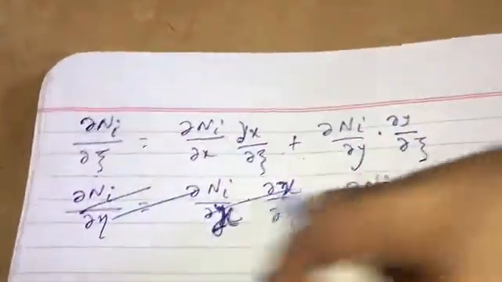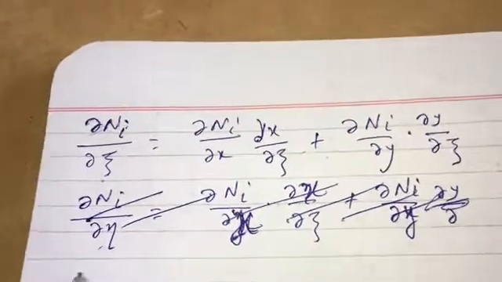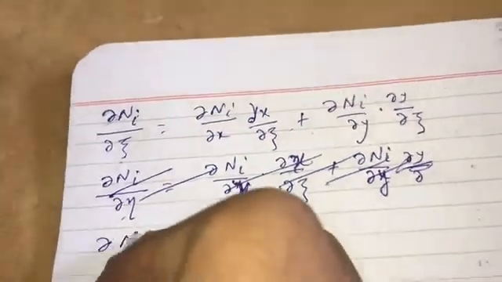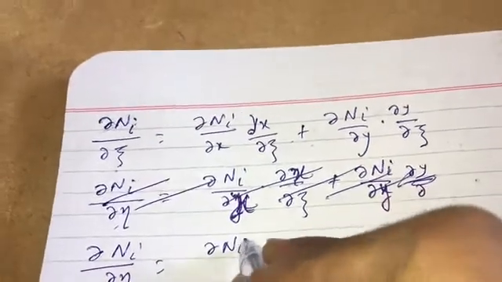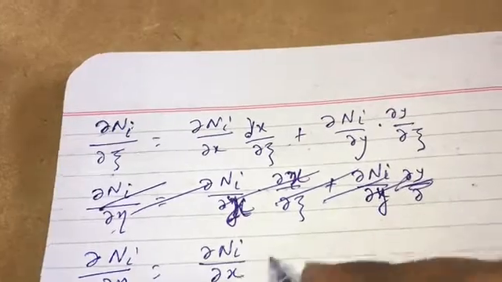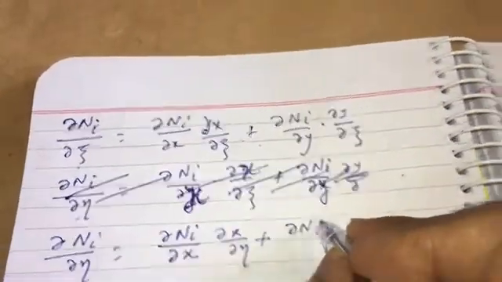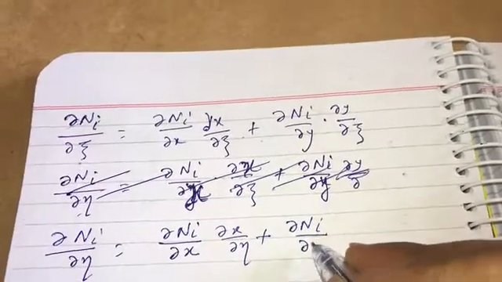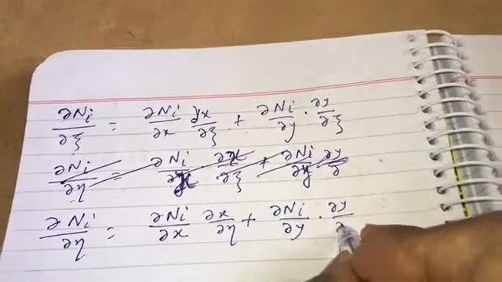Sorry, there were a lot of mistakes in this one, so let's write it like this. Del N_i over del eta equals del N_i over del x times del x over del eta plus del N_i over del y times del y over del eta.